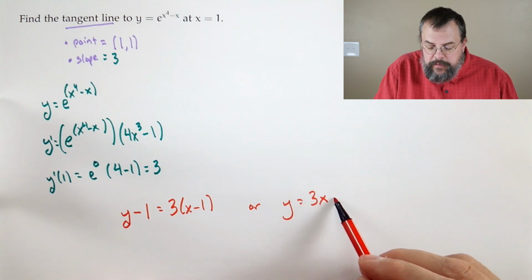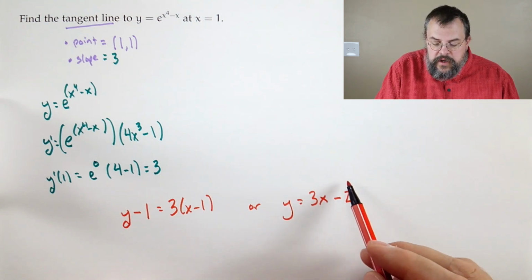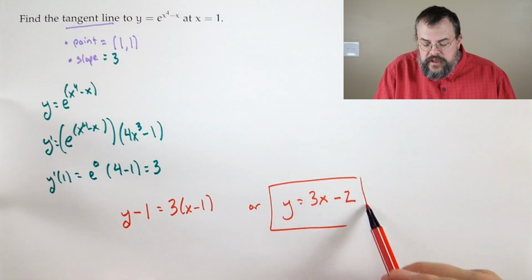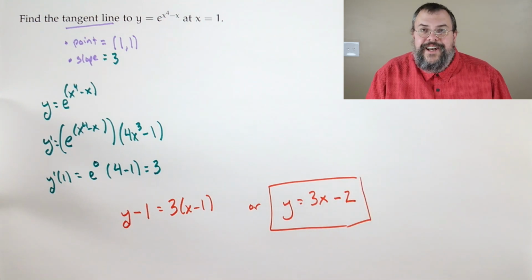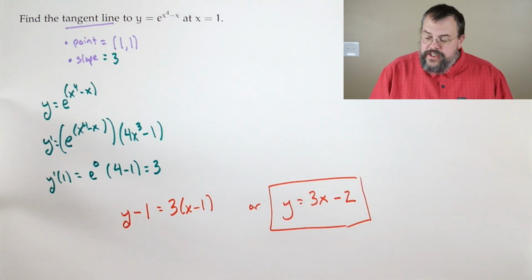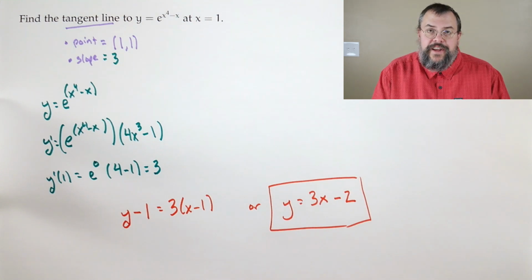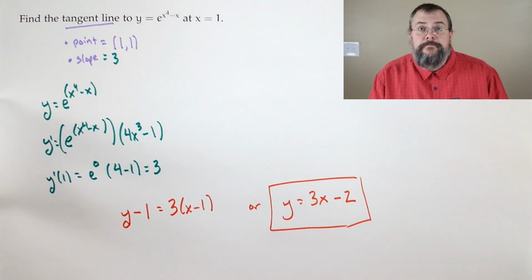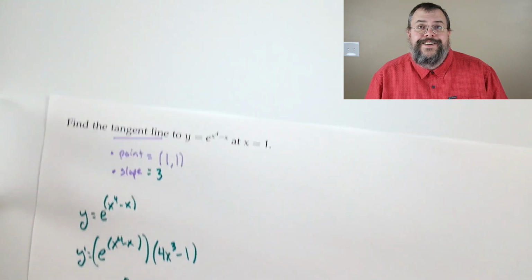So that would become minus 2. So y equals 3x minus 2. That's our tangent line to the function e to the power x to the fourth minus x at x equals 1. All right, good. Now, on to the next problem.